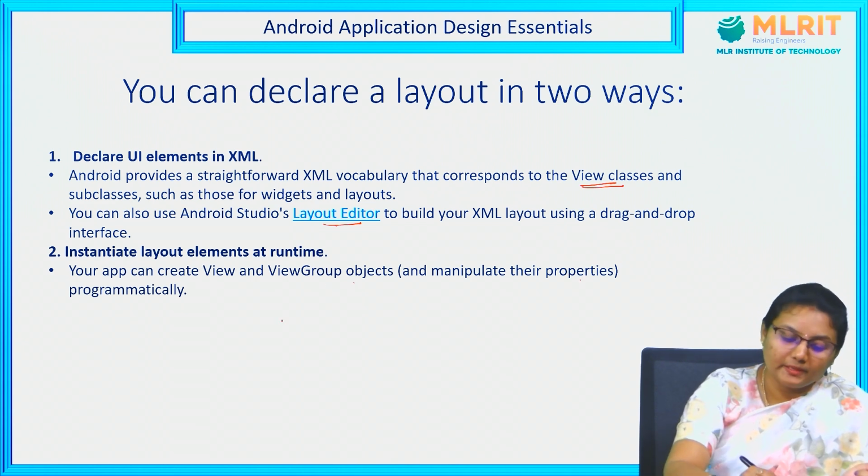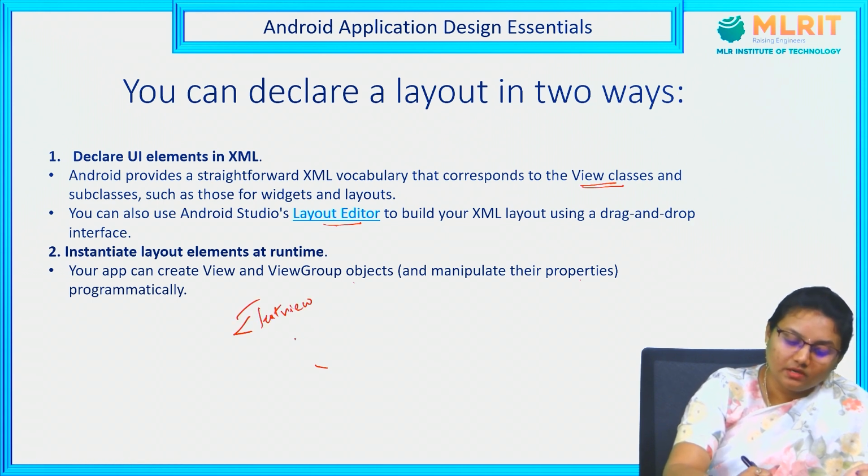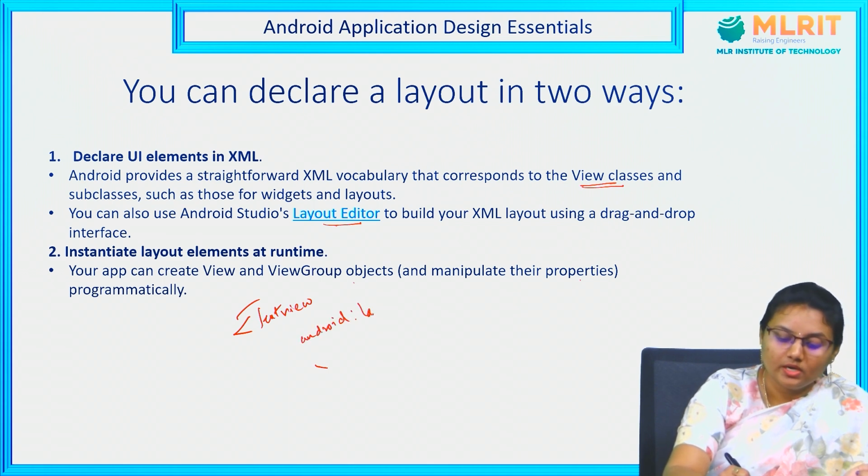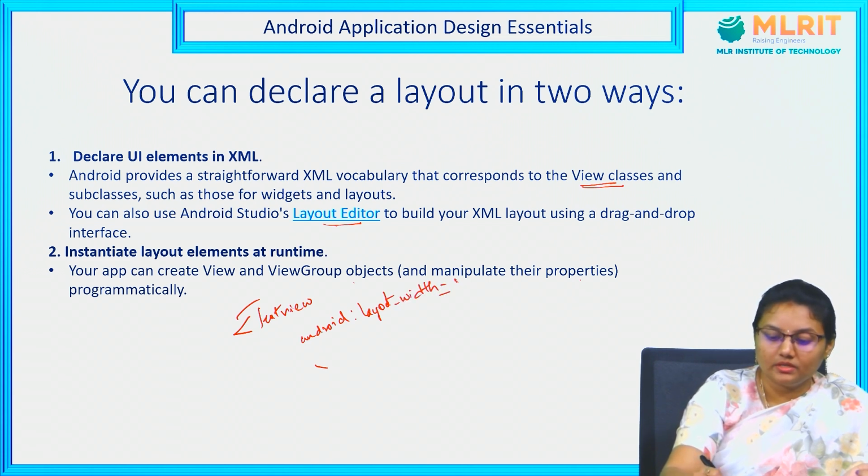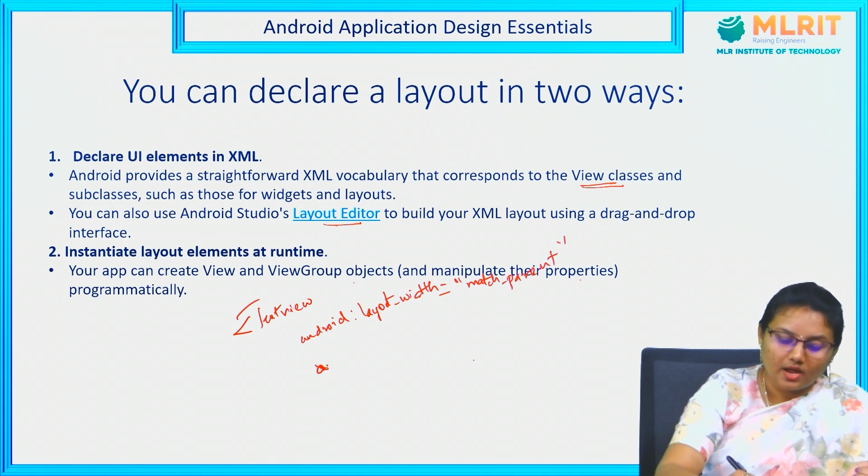So what is happening when you are giving a view or text view? What you are giving here is Android, which is an XML namespace, then layout underscore width. This is a property. Here you can either give match parent, or you can also give Android.